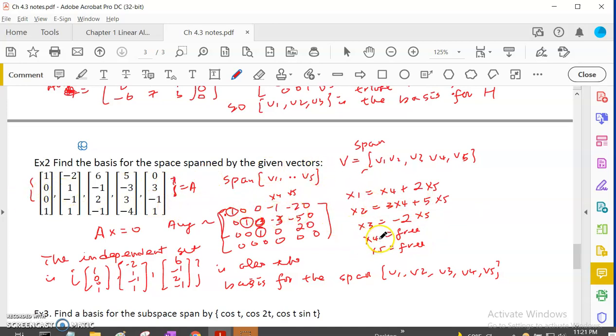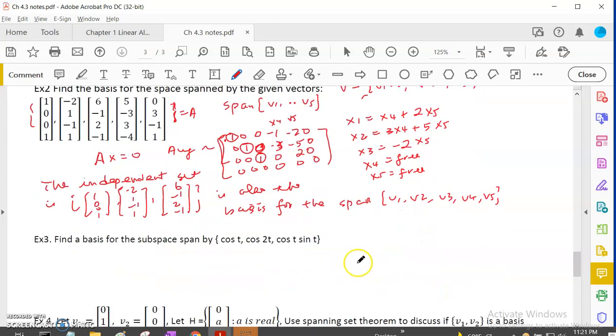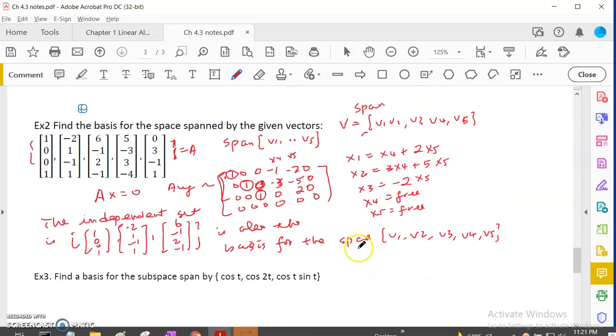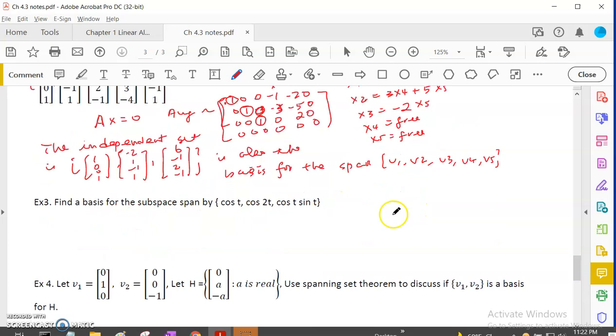So it means I can find what x4 would be. That's why these two are not necessary for spanning the whole thing. Okay, so that is how you can find the basis for these 5 vectors.